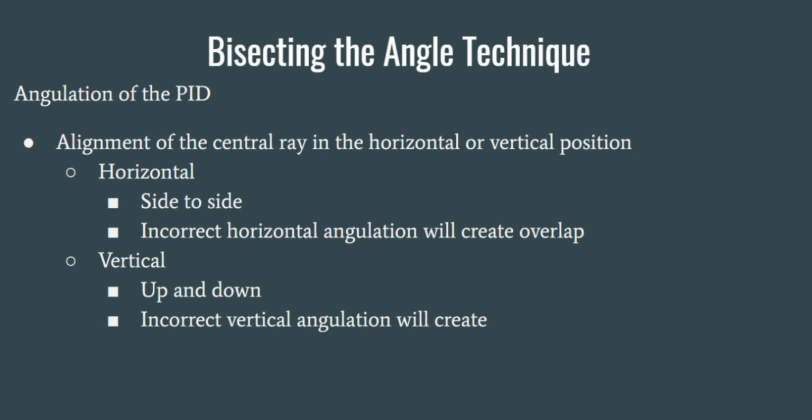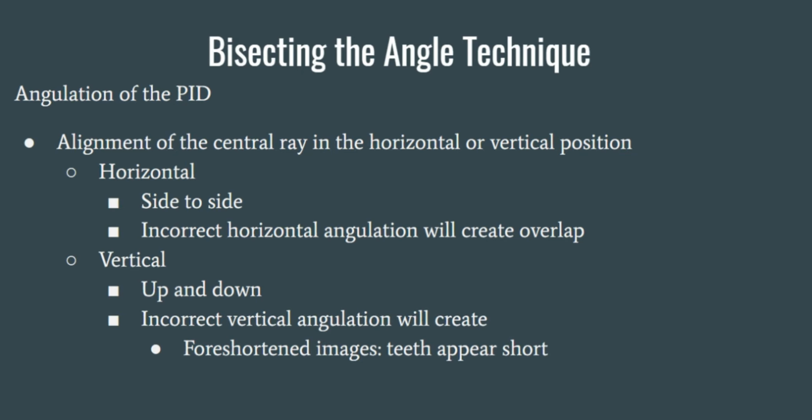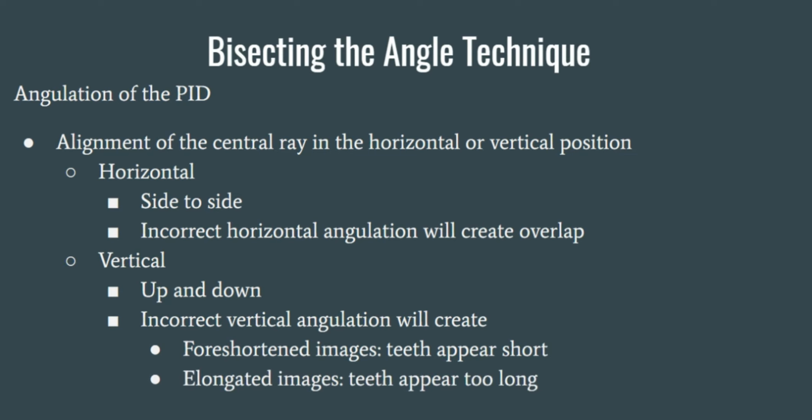Incorrect vertical angulation will create one of two problems. We have foreshortened images, and this is where the teeth appear too short. This is caused by too much or excessive vertical angulation. It's too steep. And the other type is an elongated image where the teeth appear long, and this is from insufficient or not enough vertical angulation.